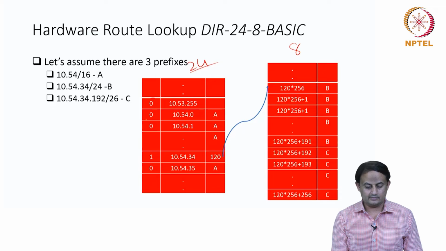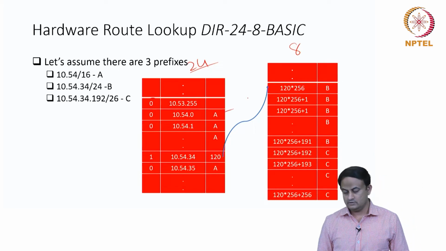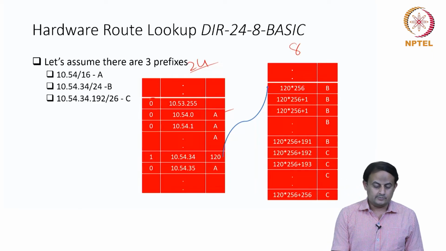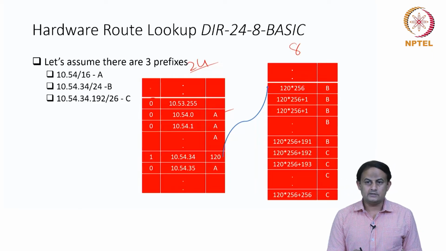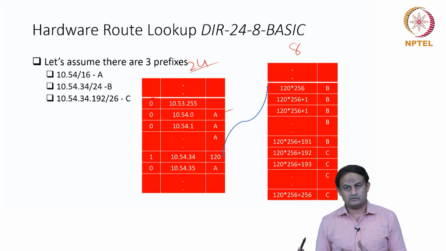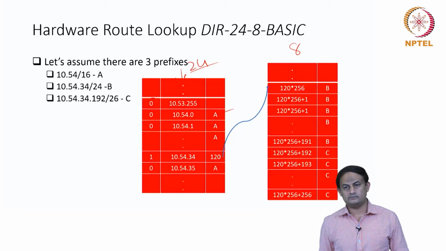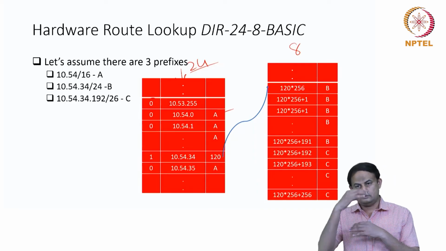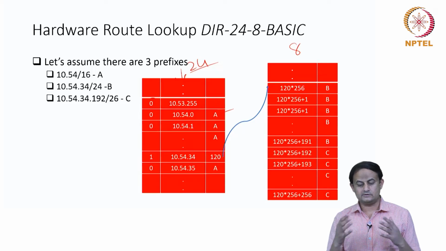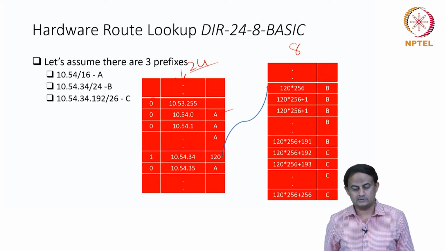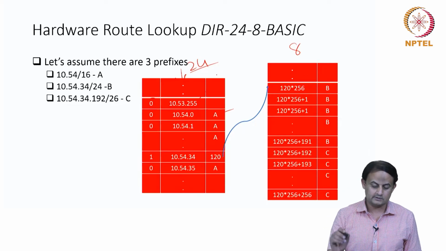So here, let's say you get 10.54.0, then it means that you need to forward it looking at this 24 bit table itself. So the first column, as I said, indicates whether the second level table reference is required or not, and the second column indicates the actual prefix. 10.53.255 is the previous series entry.